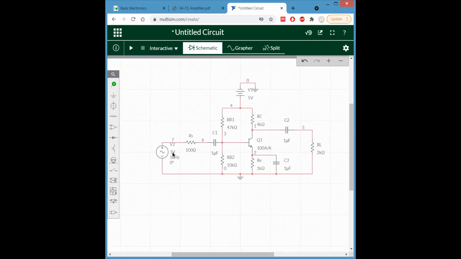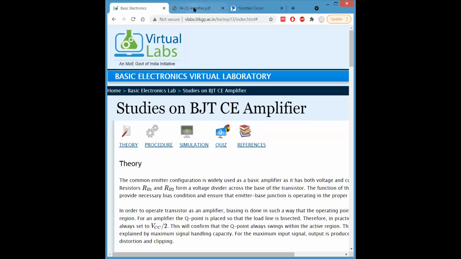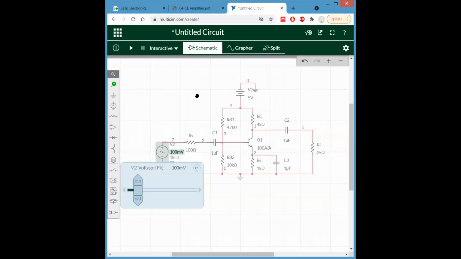Now we can change this voltage. It was 50 millivolt that we have used, right? 50 millivolt, I think. Yes, 50 millivolt, so we can use 50 millivolt.